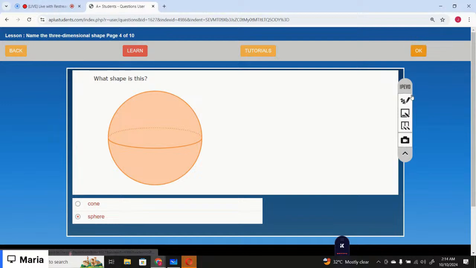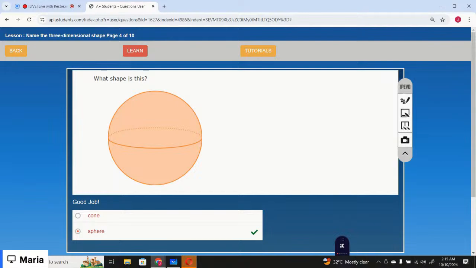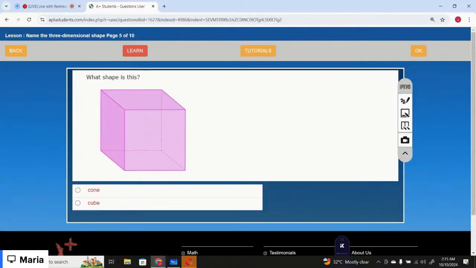The shape looks like a ball, that is a sphere. The next one is what shape is this? Which is the correct option?